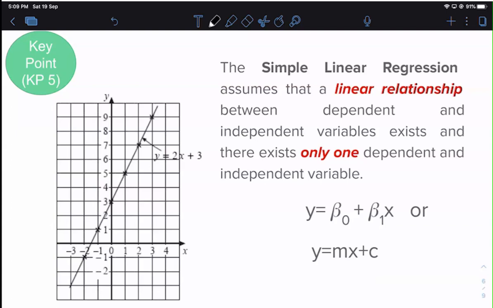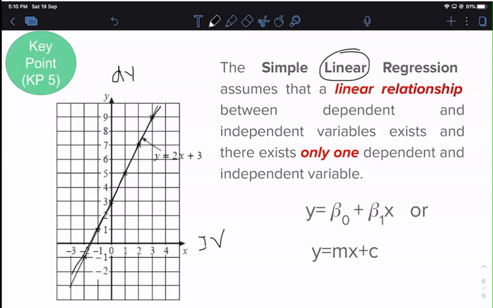The fourth key point that we must remember with respect to the simple linear regression algorithm is that it assumes the relationship between the dependent variable and independent variable takes the form of a line, and that's why it is called linear regression.